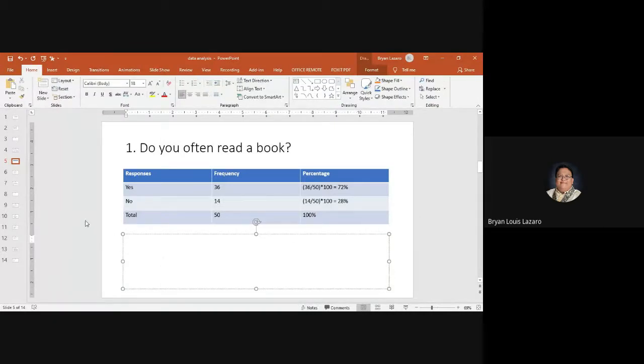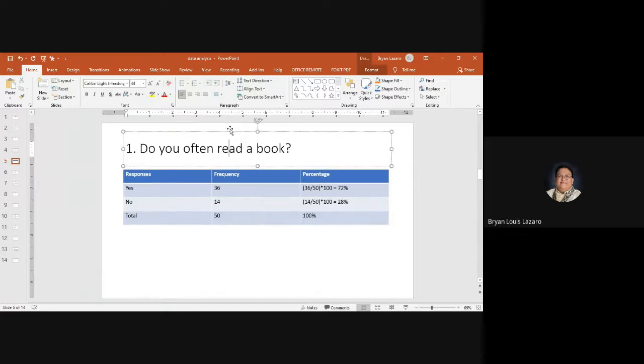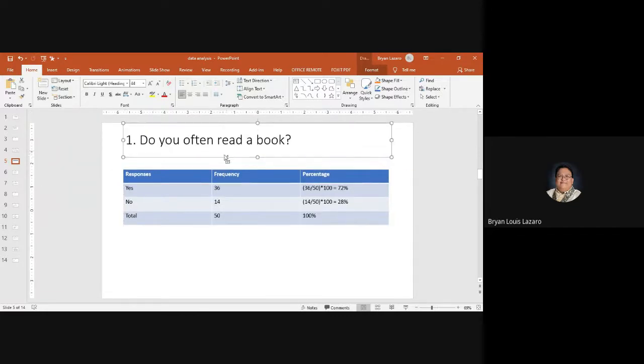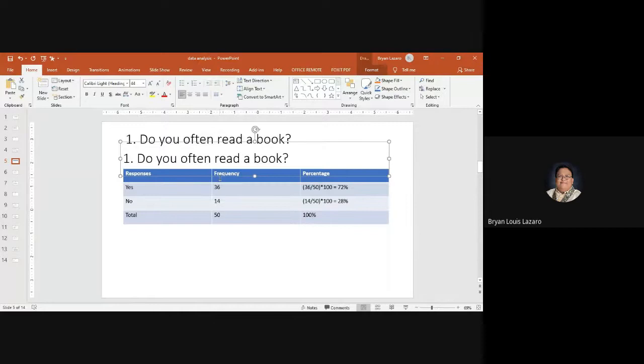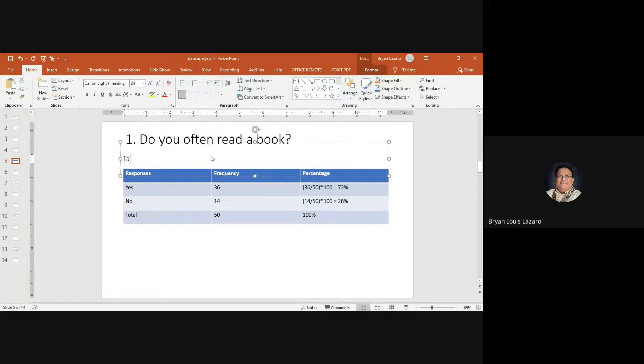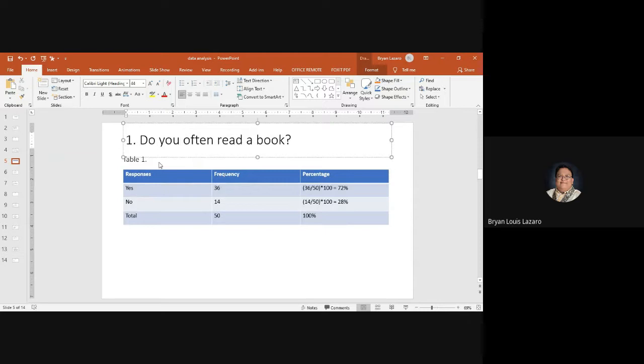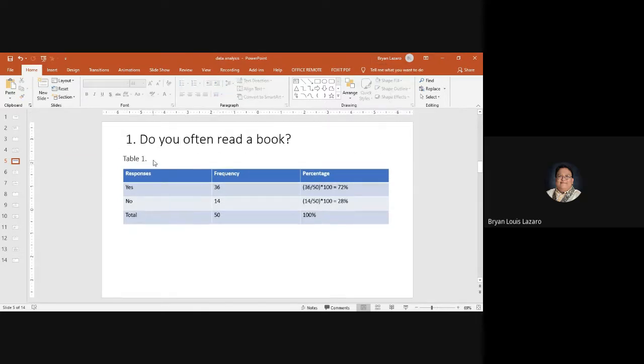May title yung presentation na yan. So, dapat lalagyan niyo yan ng title. Halimbawa, Table 1. Hindi niyo ilalagay yung question mismo na, do you often read the book? Lalagay mo na lang dito, Table 1.